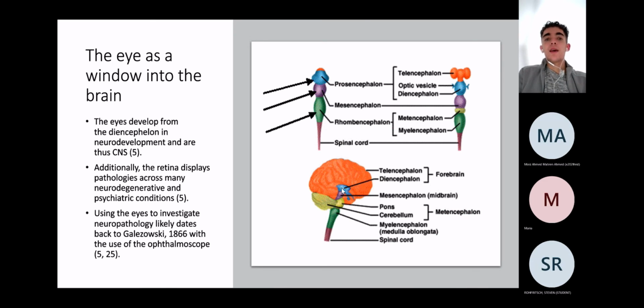And in fact, people began to notice these abnormalities as they related to brain pathologies like 150 years ago in France. And they were initially documenting these using an ophthalmoscope, which is that little black handheld device that a doctor might use to look into your eye, right?